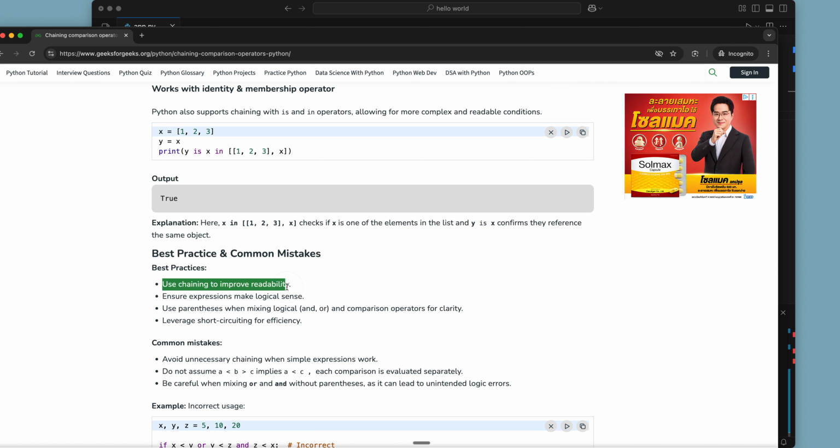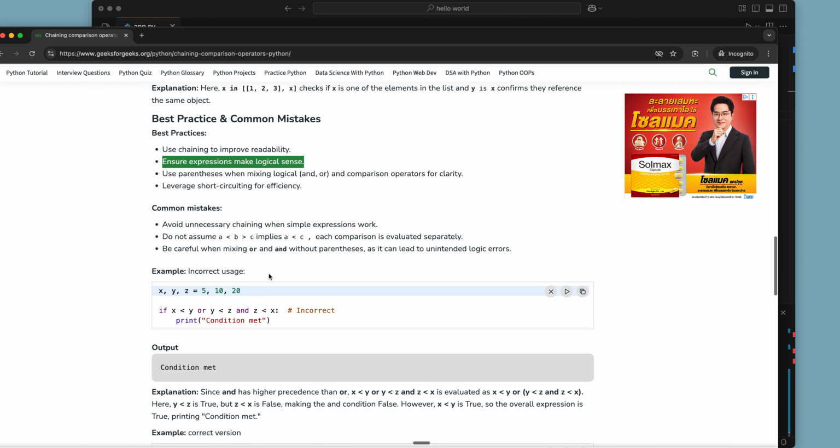Best practices: use chaining to improve readability, ensure expressions make logical sense, use parentheses when mixing logical and or and comparison operators for clarity. Aha, I see. Leverage short circuit for efficiency, avoid unnecessary expressions.